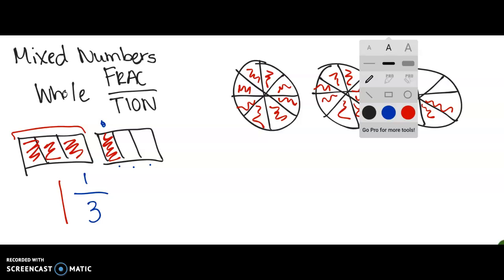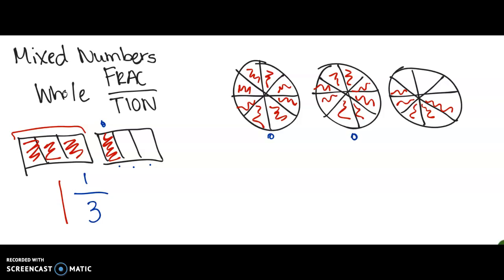How many entire shapes are shaded? Well, there's 1 and 2. So that means that our whole number would be 2. And how many shapes are shaded in this shape is 1, 2, 4, 5. So I know there are 5 out of 1, 2, 3, 4, 5, 6, 7, 8 total. So I have 2 and 5 eighths.